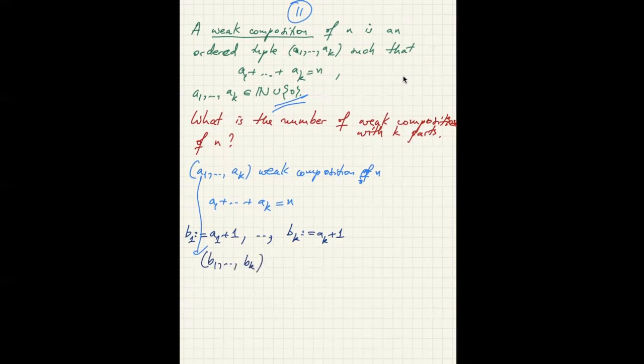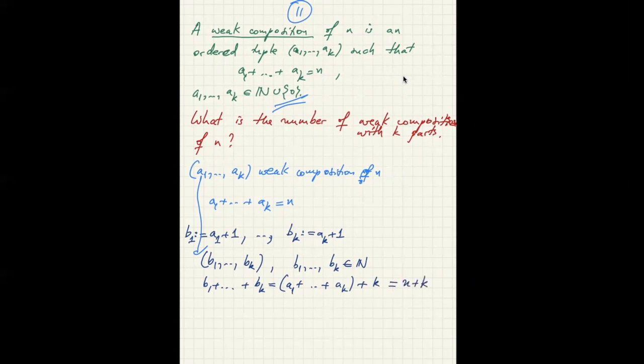And what's the deal here? Well, b1, ..., bk are natural numbers because if a1 is 0, b1 is 1. So that's clear. And then what else do you know about b1, ..., bk? If we sum them up, we get the same as a1 plus ... plus ak, plus we get a 1 for each term, so we get k terms, so we're going to get n plus k.